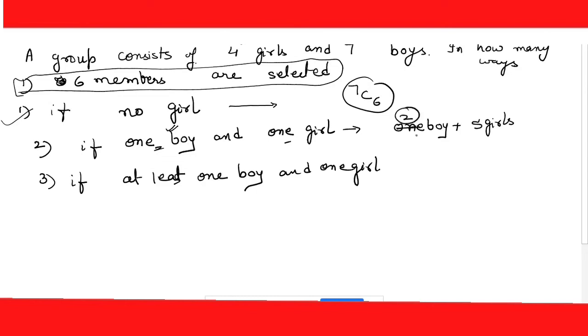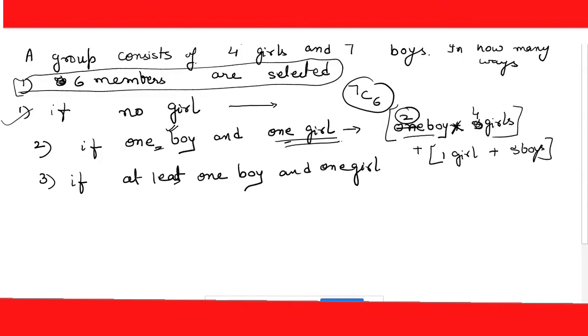And these should be multiplied, plus another case: one girl, then five boys. So here I take four boys.